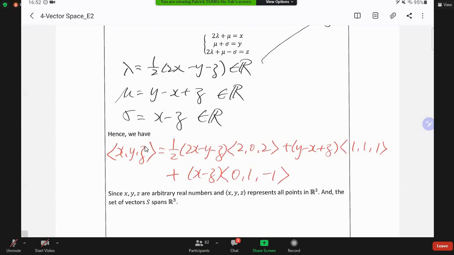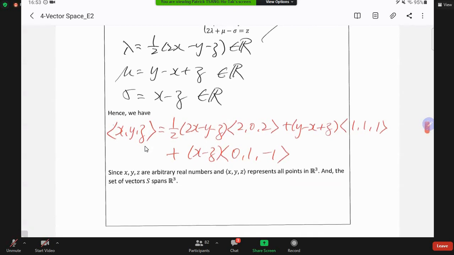So for an arbitrary vector x, y, c's in the R3 space, I can successfully express it in terms of the three vectors in capital S, the set provided at the very beginning. In other words, they are in a linear combination of those vectors. Agree?